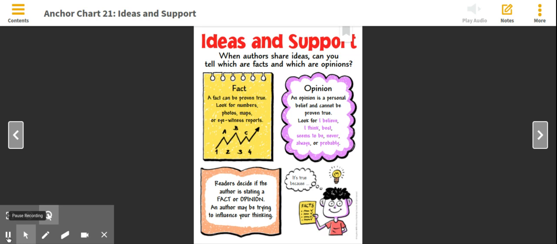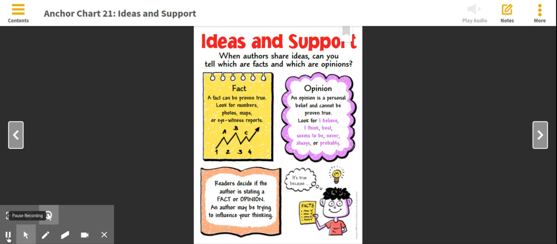I can see it says, I believe, I think, best, seems to be, never, always, or probably. Those are all words or phrases that would help us determine that a sentence might be an opinion.